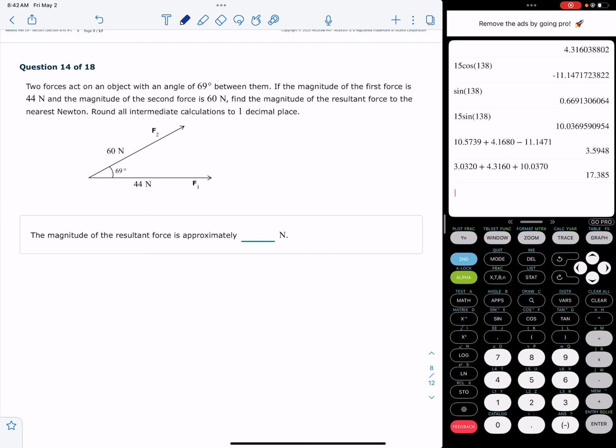Two forces act on an object with an angle of 69 degrees between them. Find the magnitude of the first force. So this would be your first force, and the angle there is 0.